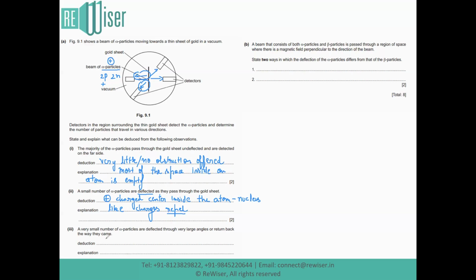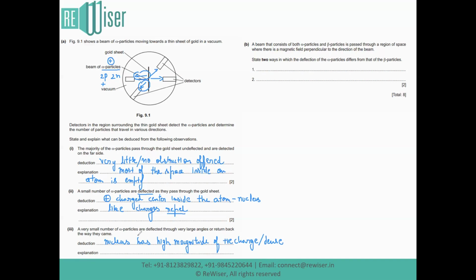So this fact tells us that the nucleus is not only positive, the nucleus has a high magnitude of positive charge and that it is densely concentrated.